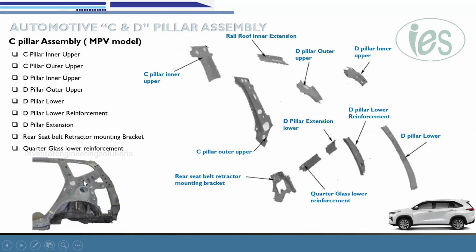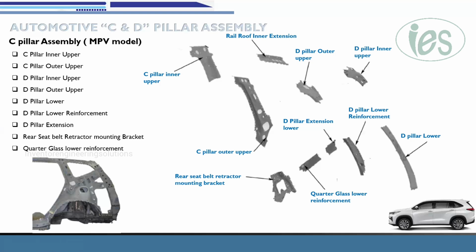And this glass, we call it a quarter glass. So for the quarter glass mounting, we need to add some mounting brackets or reinforcement in order to hold the glass area and to connect the structure smoothly, from the C pillar to the D pillar.